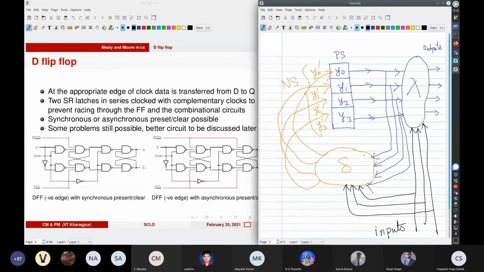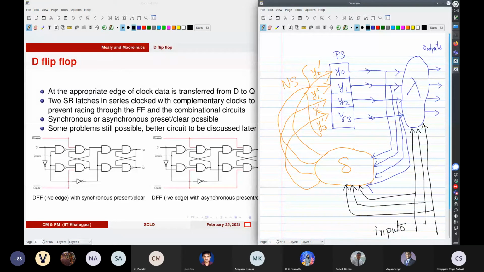As you can see, your output function is computing the outputs using the present state and the inputs, and your next state function is computing the next state based on the present state and the inputs.